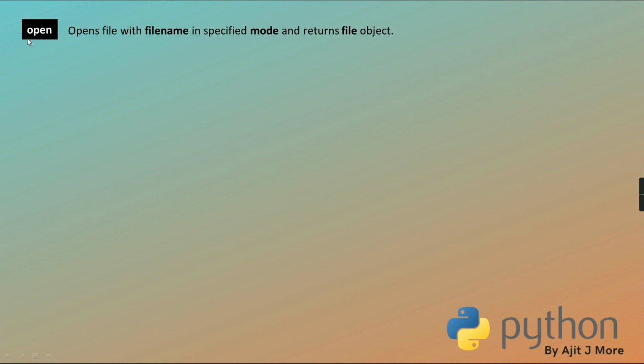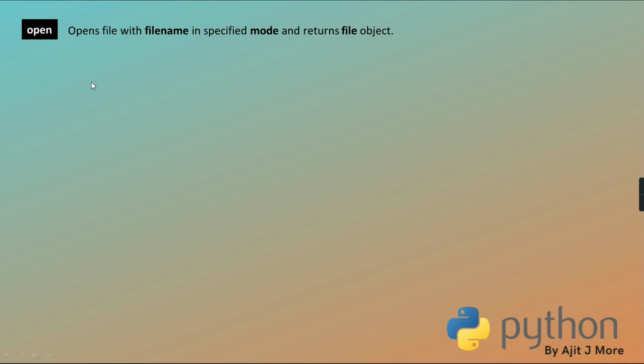So, first we'll see how to open a file. For that there is a built-in function. This is not a method, this is a built-in function. We have discussed a lot of built-in functions from so many past chapters. We started our Python journey with the first built-in function called print, then input, then type, then id, then isinstance, and so many more.